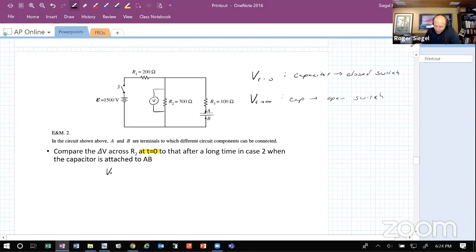At t equals 0, we've got what we had before, our effective resistance, which we calculated earlier, was 275 ohms. That's from the previous page.